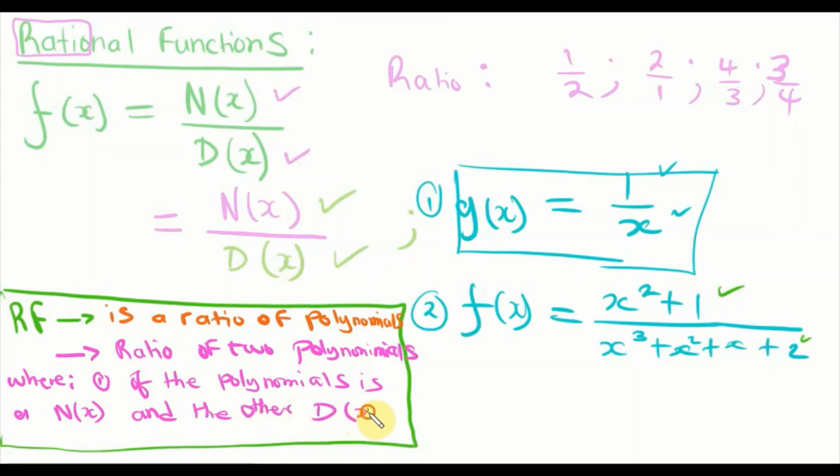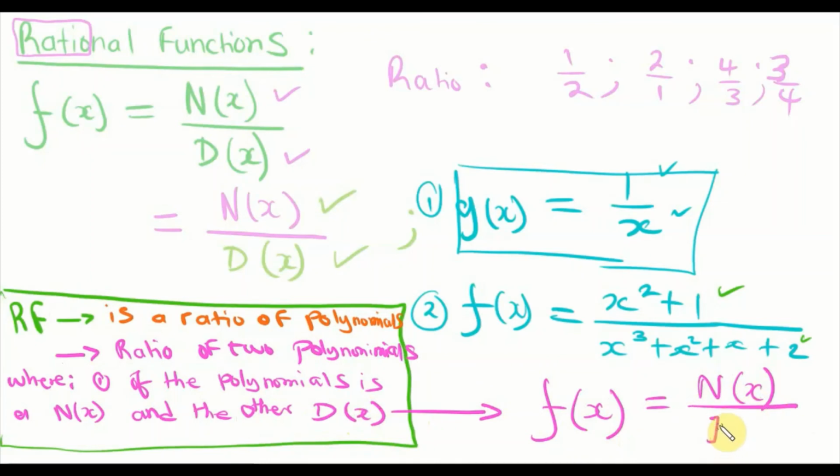Let's call it d of x, which is exactly this. A rational function known as f of x is equal to a numerator polynomial divided by a denominator polynomial. So just a ratio of two polynomials. Okay, so there you have it. That's exactly what a rational function is.